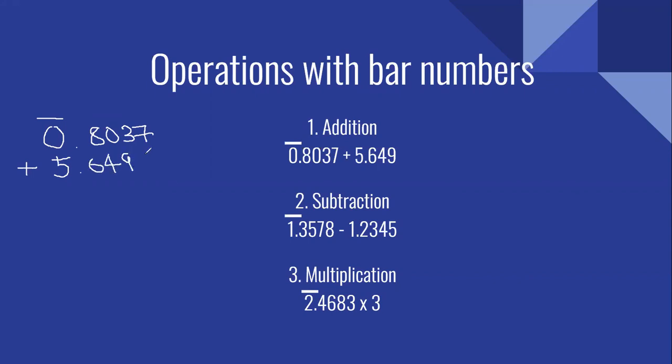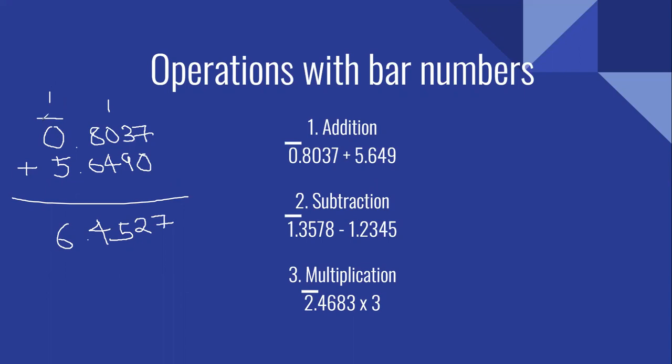And since it is short of one decimal place, we add a 0 at the end of it. Now, if you add, we get 7 here. 3 plus 9 is 12, 1 carry over, 1 plus 4 is 5, 8 plus 6 is 14. Now here what happens is 1 minus 0 is 1, and then 1 plus 5 is 6.